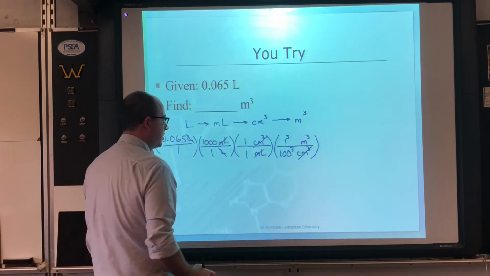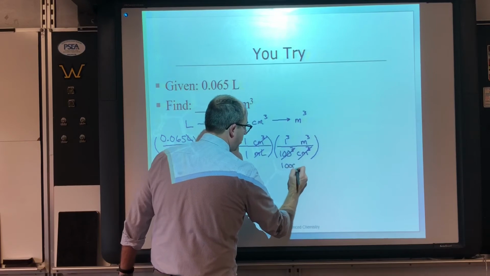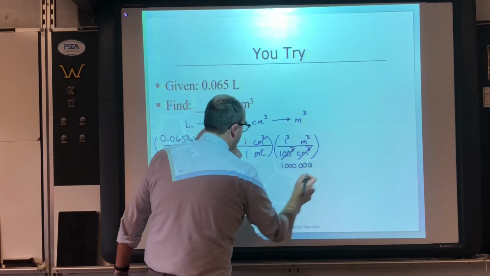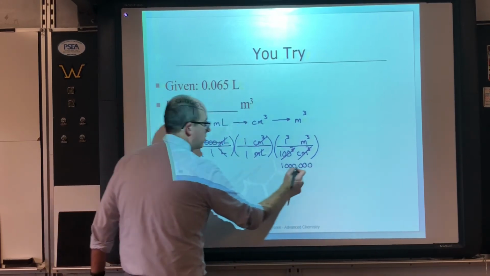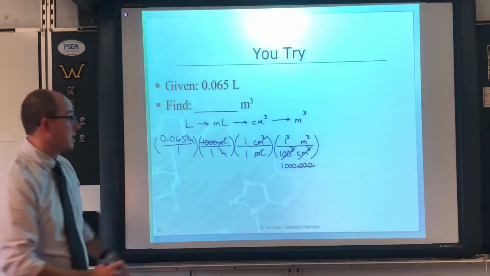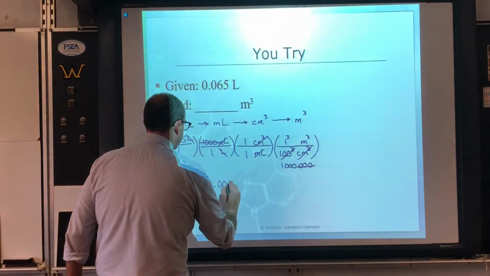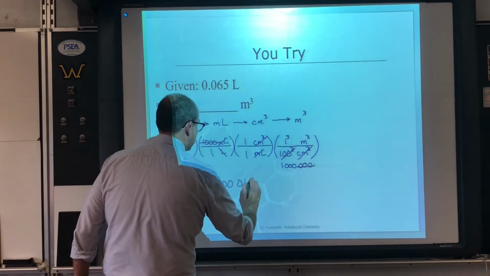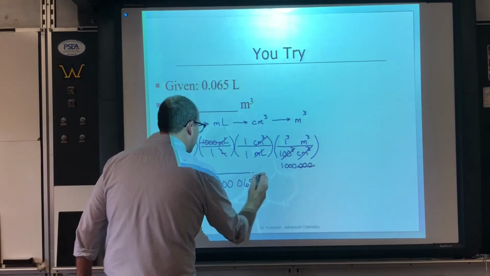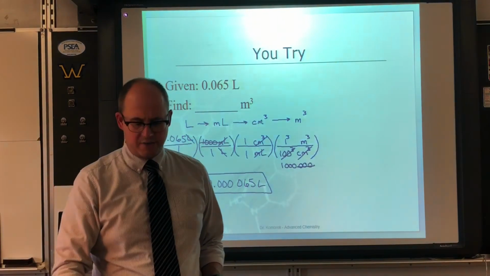That way the cubic centimeters cancel out. This 100 cubed becomes 1 million. We could cancel 3 of those zeros with 3 of those, and we're left with 0.065 divided by 1,000. That's 0.000065 liters.